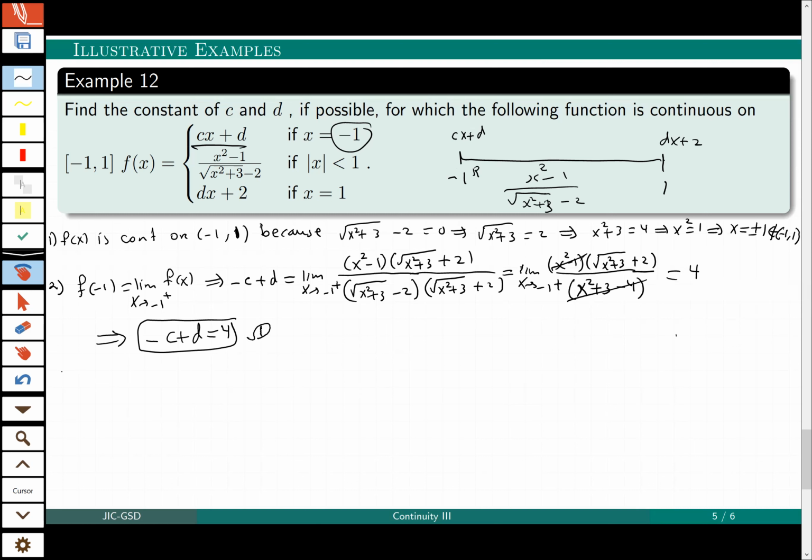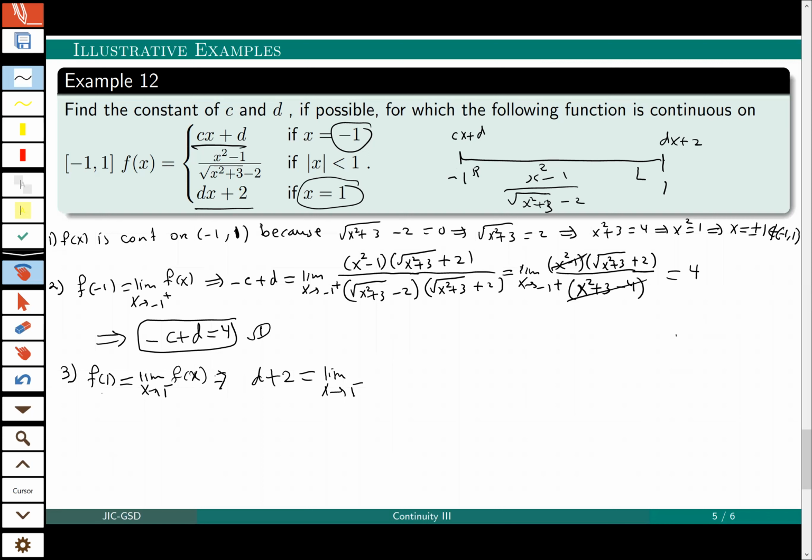Call it equation 1. Number 3, the value of the function at 1 must equal the limit when x goes to 1 from left, because here 1 has a left neighbor. So when we substitute 1 here, we will get d plus 2 is equal to the limit when x goes to 1 from left.